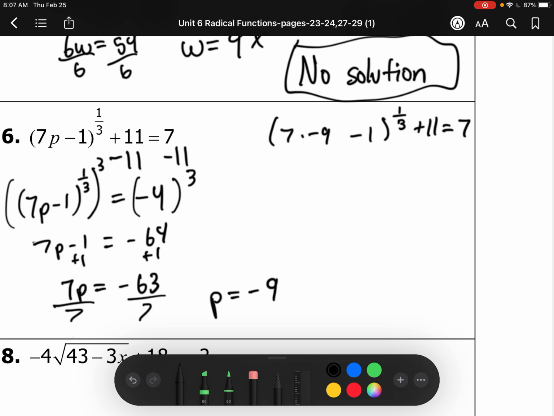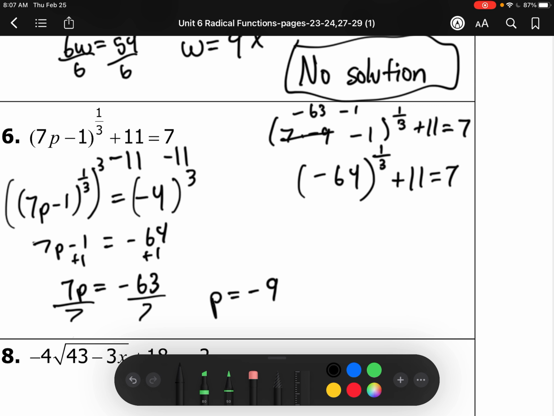So 7 times negative 9 is negative 63. And then negative 63 minus 1 is negative 64, right? So we have negative 64 raised to the power 1/3 plus 11 is equal to 7.